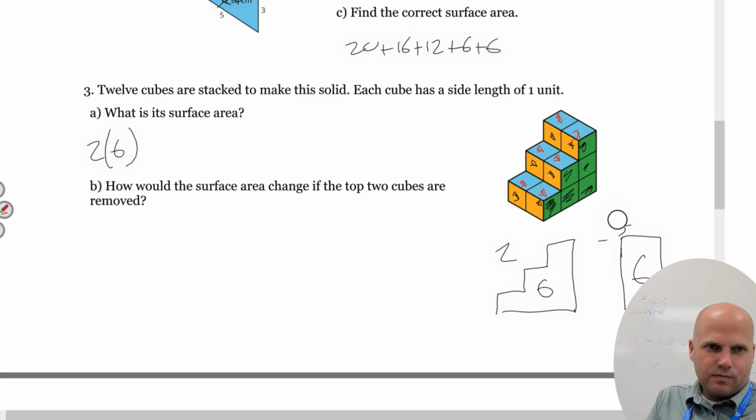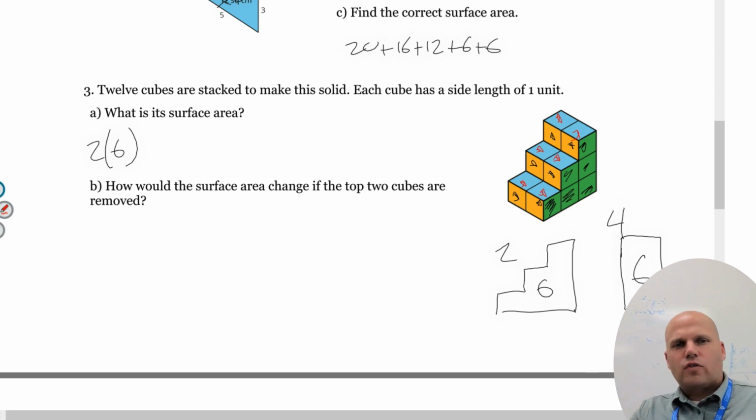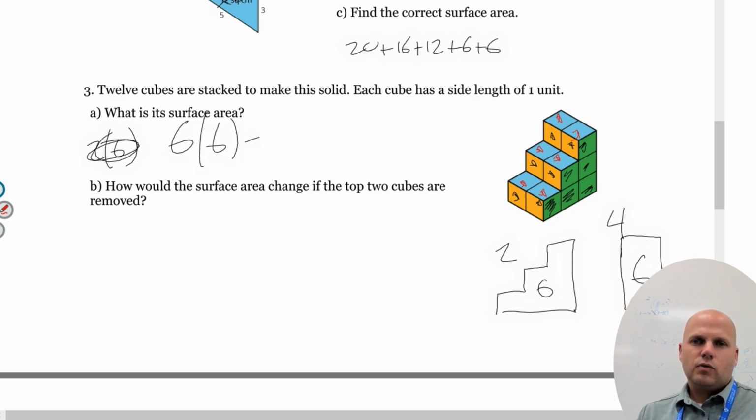Turns out our surface area would be the same as a solid rectangular prism. That is like a 2x3 by 3. So we really have 6 sixes, which is 36.